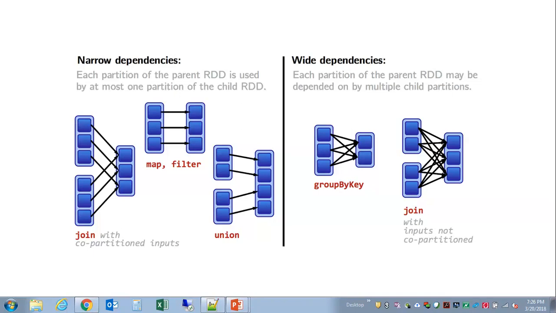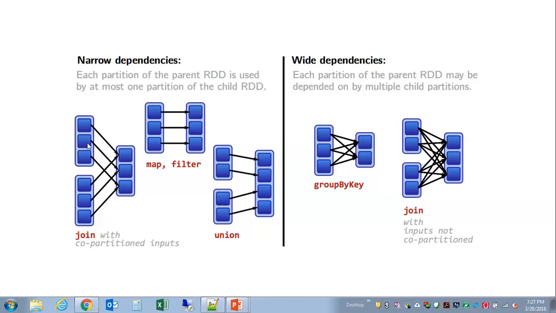Okay, so you can see the examples of narrow dependency on the left side. Each small square is one partition, and each rectangle is an RDD. So here you have two RDDs.